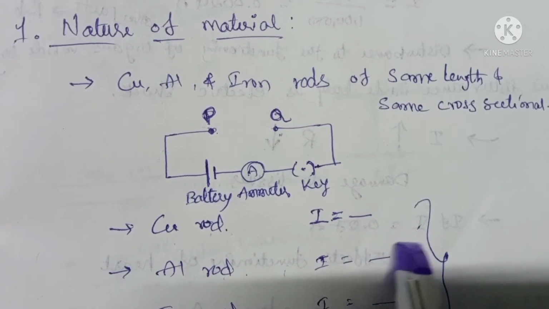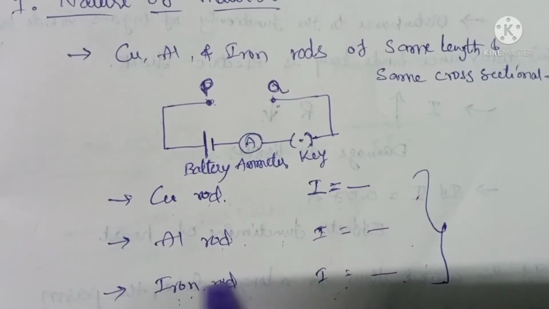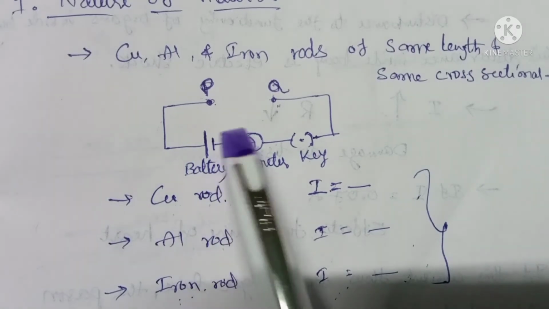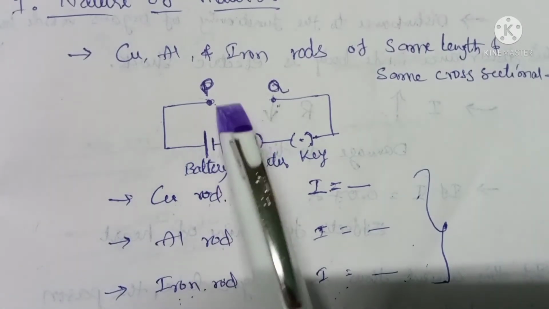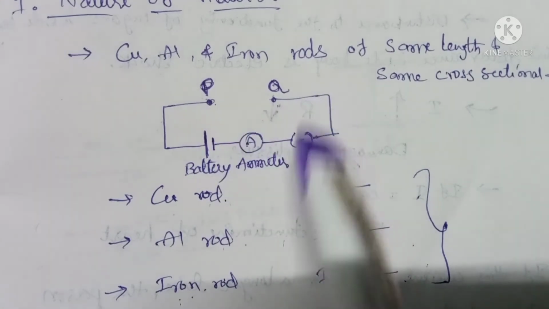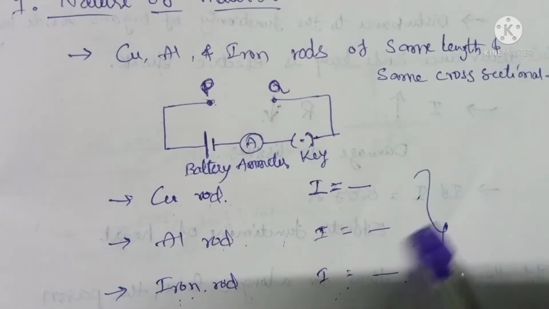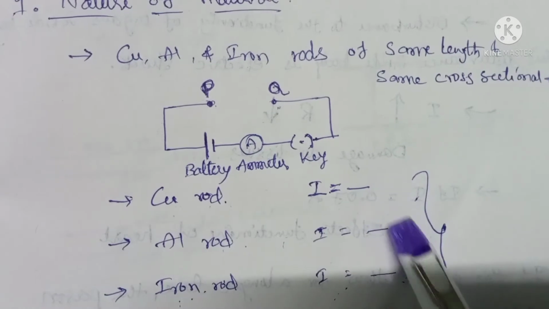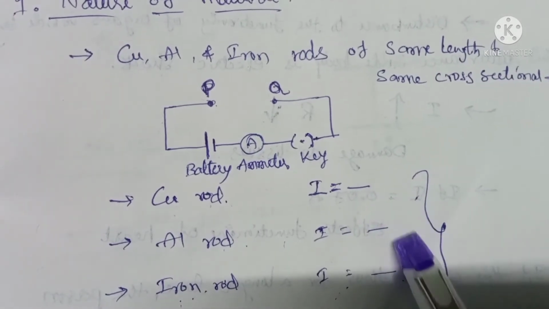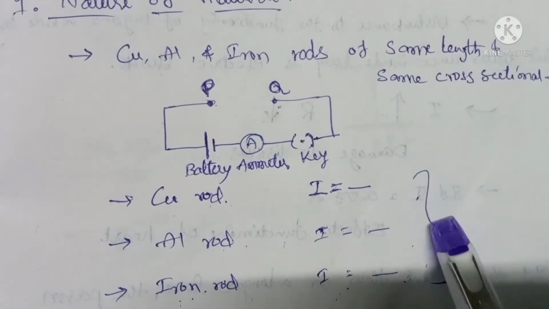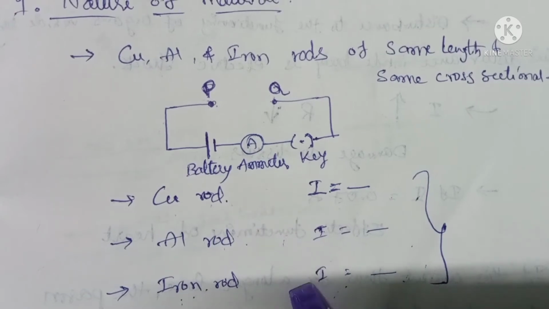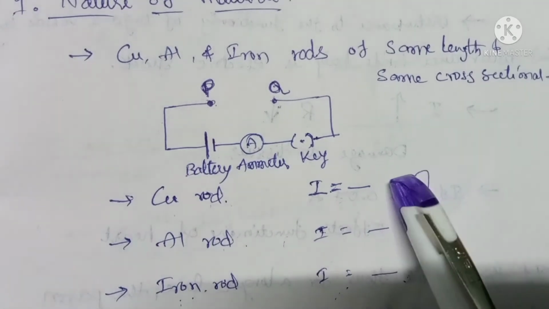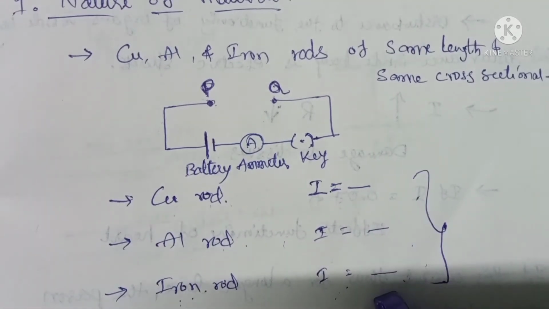Also note down the values of current in the case of aluminum and iron rods by placing these rods at P and Q terminals. Then you will get three different values of current. That means different materials have different resistances.